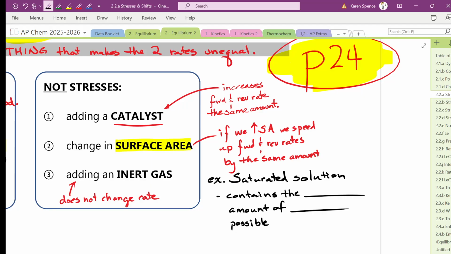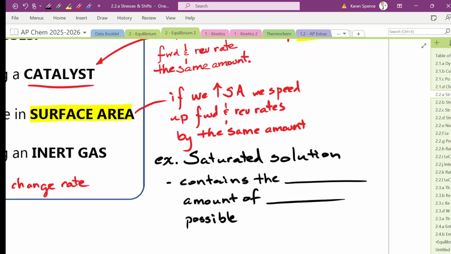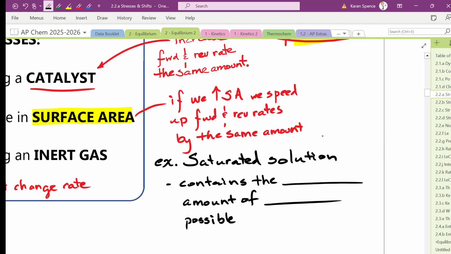So a saturated solution contains the blank amount of blank possible. And we had been talking about the two components of solutions. What were the two components of solutions? Solute and solvent.